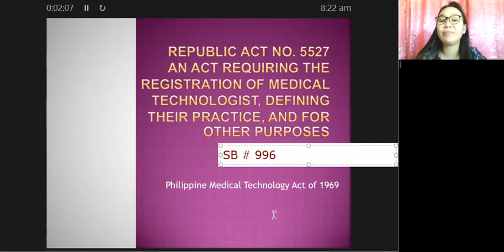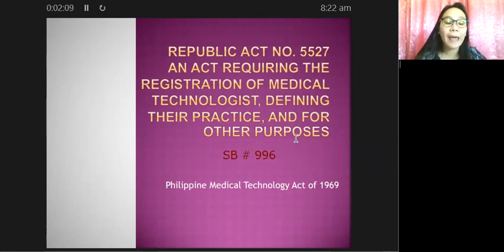As provided in Section 1 of RA 5527, this Republic Act may also be cited as the Philippine Medical Technology Act of 1969.